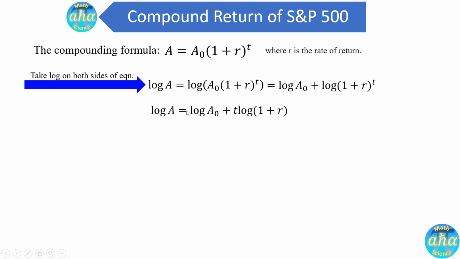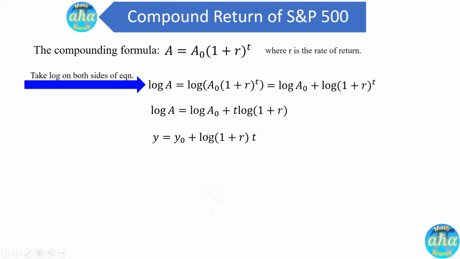Now this equation becomes very interesting, because if you think about the log of A, the log of the investment, it's just the vertical axis, which we call Y, and T is our horizontal axis, like our X. You can see that this really looks like a straight line.